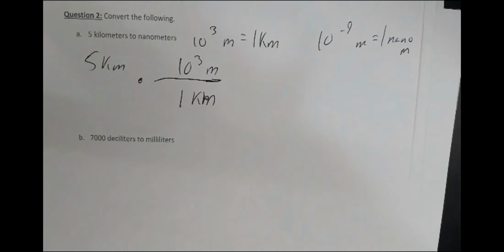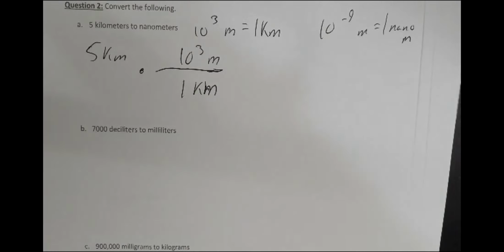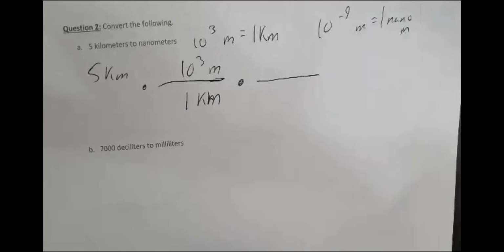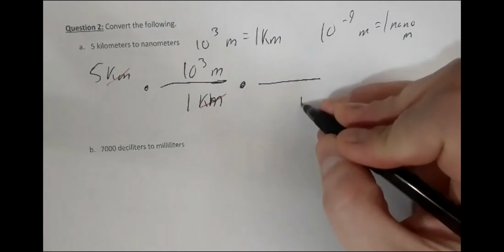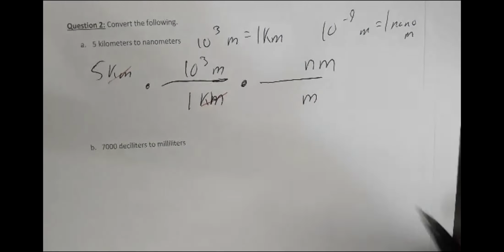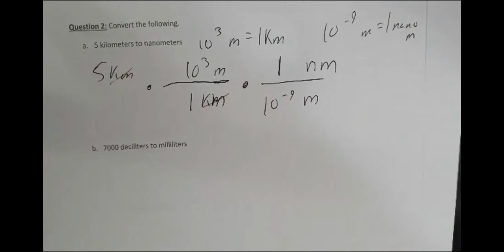Another way you could say this is by multiplying by 1,000. 10 to the 3rd is just 1,000. And so now what's the next thing I want to get rid of? I have my meters on top. If I want to get rid of meters, they have to be over here. And I want to do nanometers. So there are 10 to the minus 9 meters for every 1 nanometer.